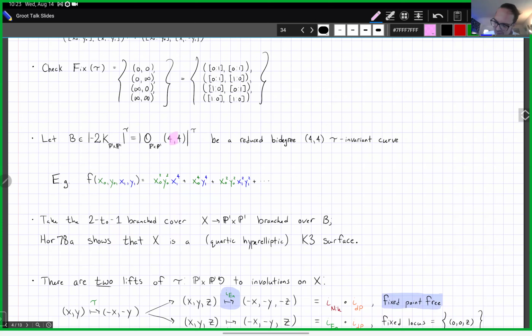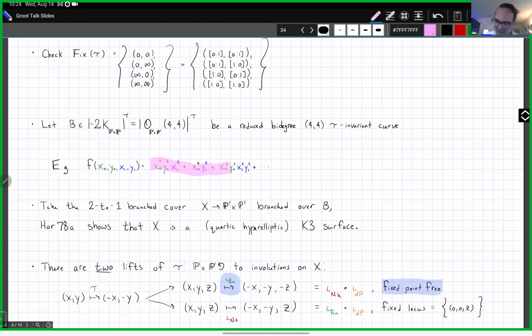These are polynomials in variables, let's say x0, y0 in green here for the first copy of P1 and x1, y1 for the second copy of P1, such that the total degree of those polynomials in each of the separate variables is 4. And then it's also invariant under this involution above. So here's just an example. You can see that all the green terms have total degree 4, all the blue terms have total degree 4, and you can mix and match them in whatever way you like.